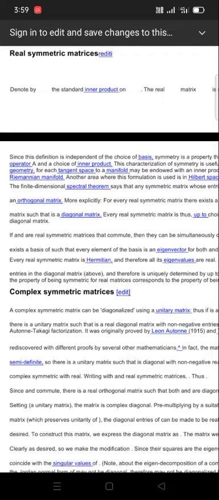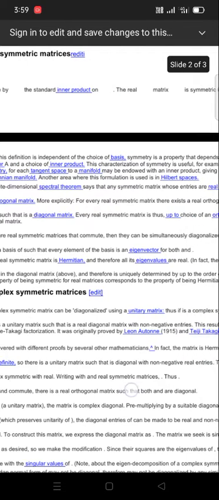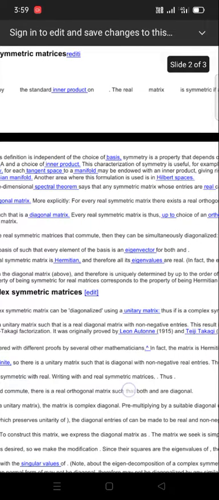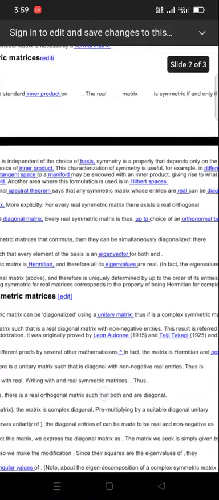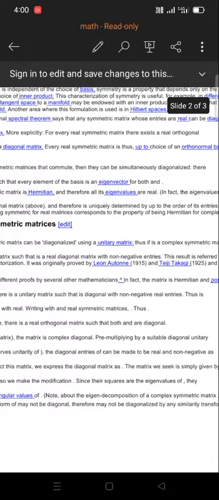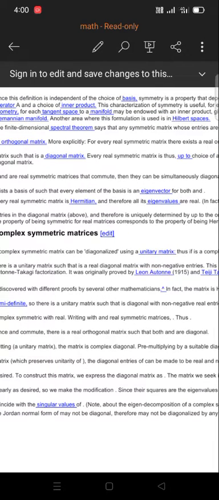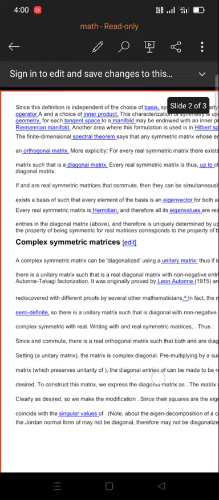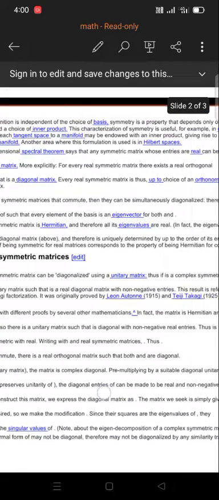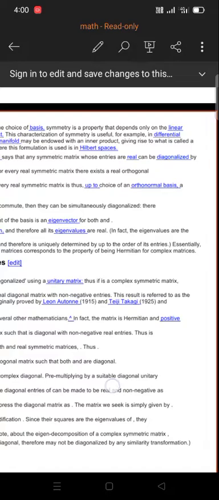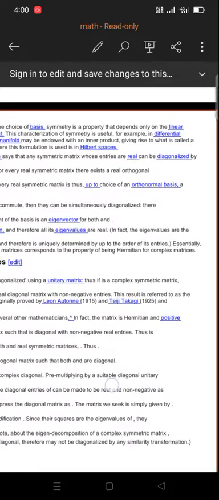If A and B are n by n real symmetric matrices that commute, then they can be simultaneously diagonalized.